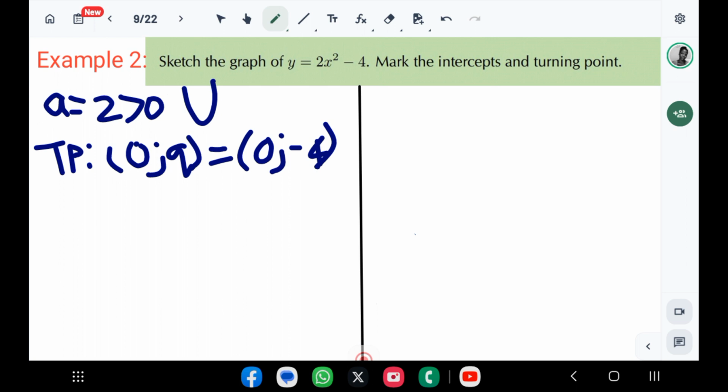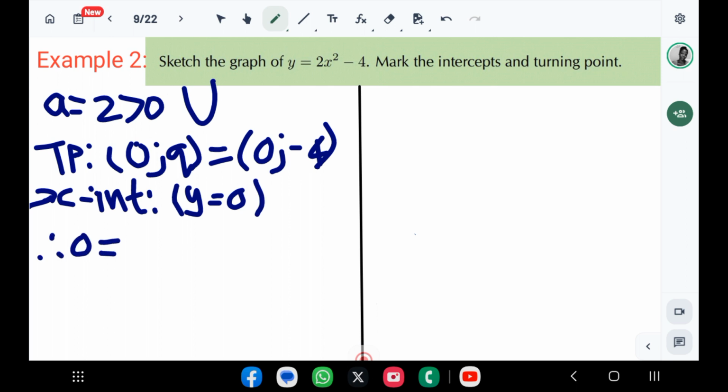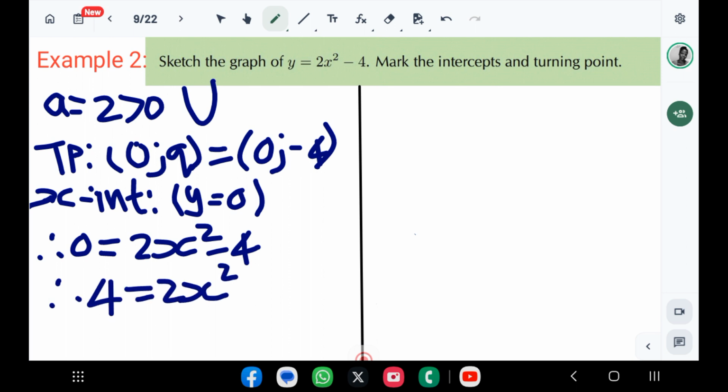Okay, now let's find the x-intercept. You make y 0. Therefore, 0 equals 2x squared minus 4. Therefore, take 4 to the left-hand side. 4 equals 2x squared. You divide both sides by 2.